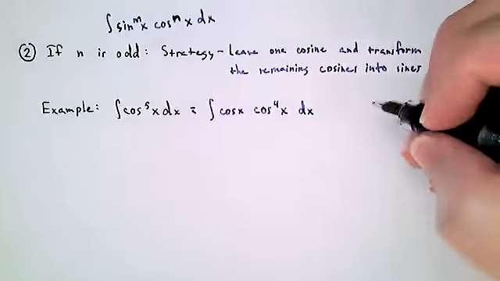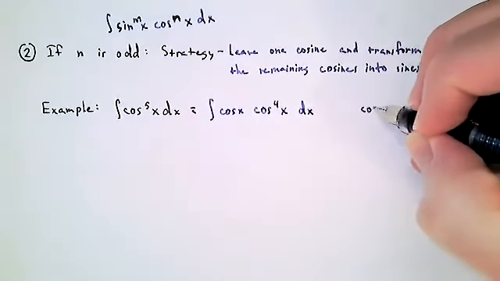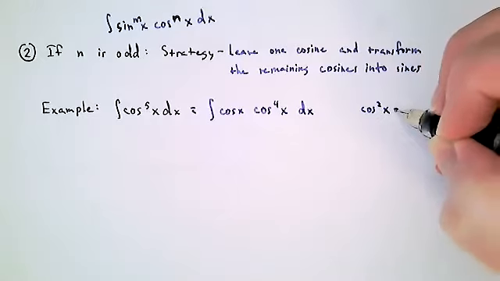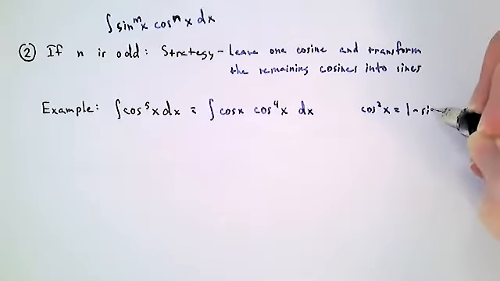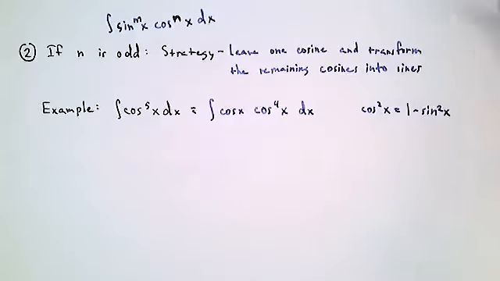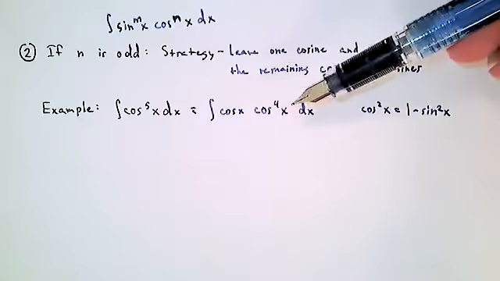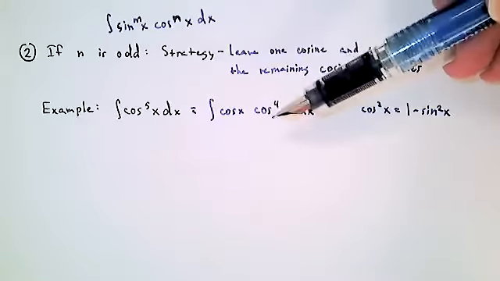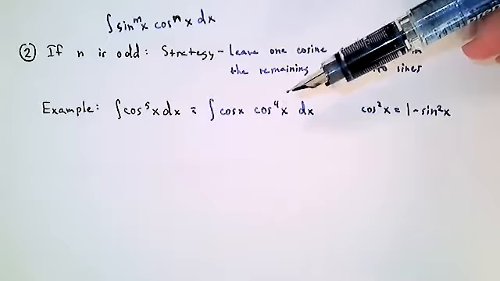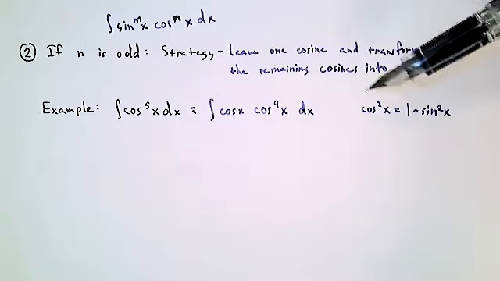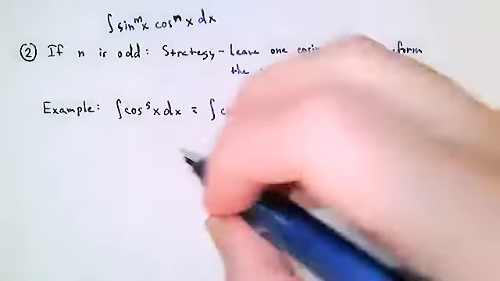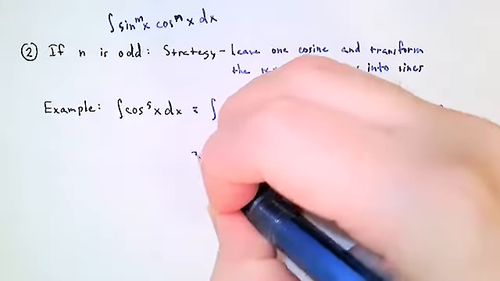Okay, so our formula, remember, is cosine squared equals 1 minus sine squared. So in order to use this formula for cosine squared, we're going to have to rewrite this even power of cosine as some power of cosine squared. And what I mean is this, in case it's not clear.